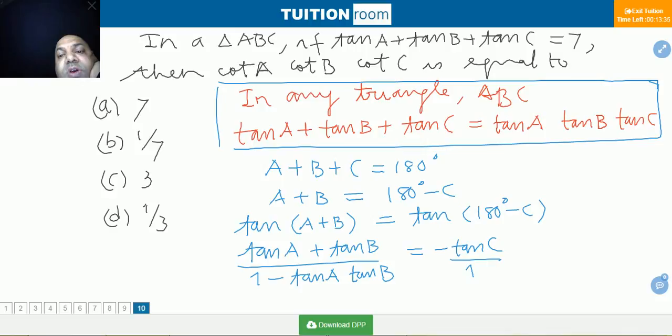It's a very important result, guys, and you are required to mug up this result. Copy the given question, then I will proceed for the solution of the problem.